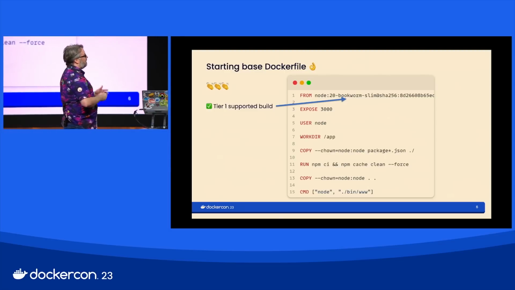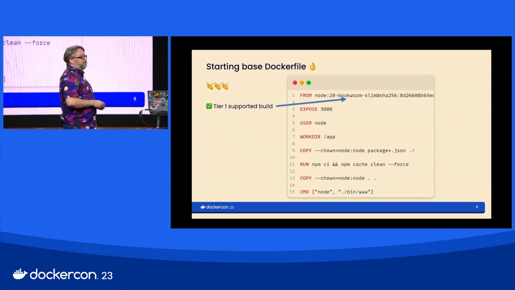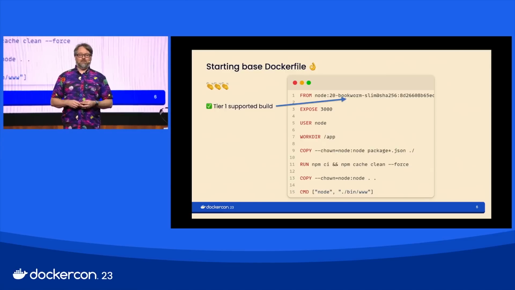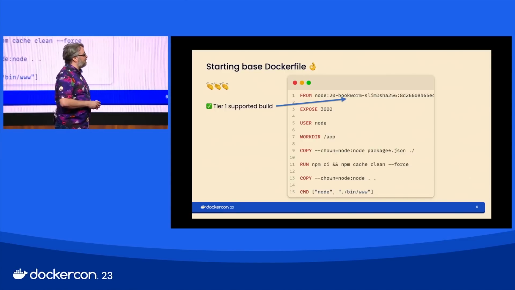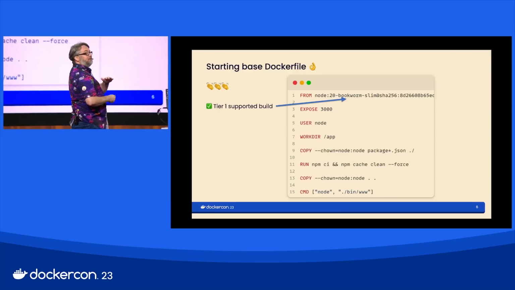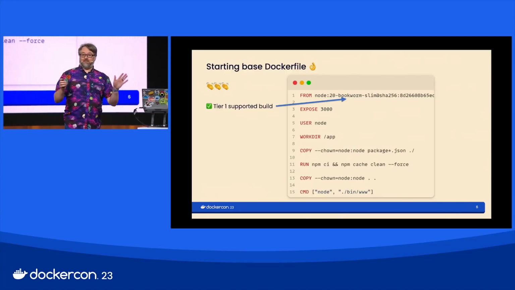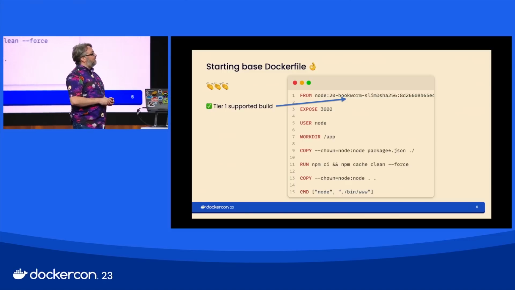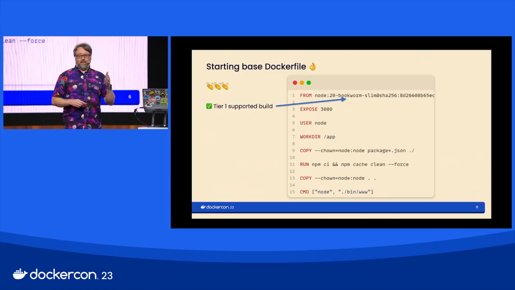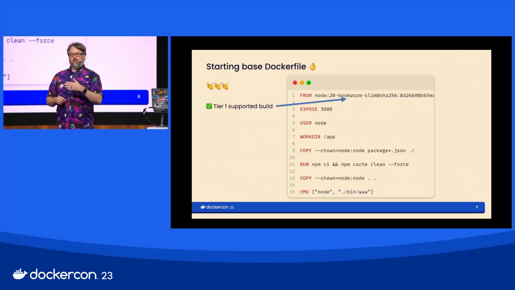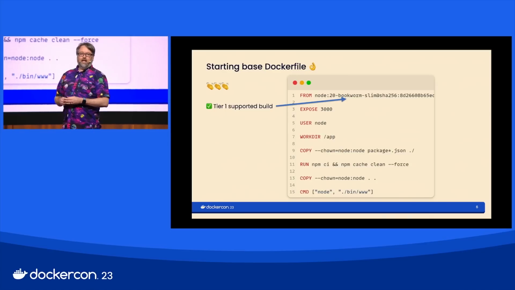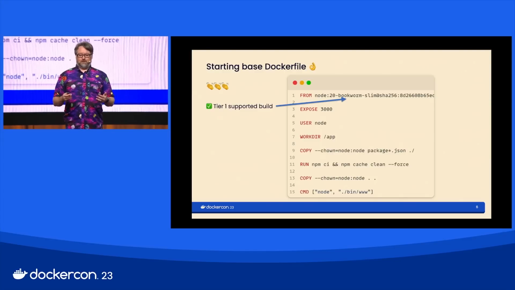Mostly due to musl, which is the way that things are compiled in Alpine, and there are other reasons. BusyBox is sometimes a problem. So you won't see me recommending Alpine today, but don't worry, I've got lots of recommendations for you that are even better. So tier 1, meaning you want an image that is on a tier 1 supported build of Node, and Alpine is the one that's set to experimental.